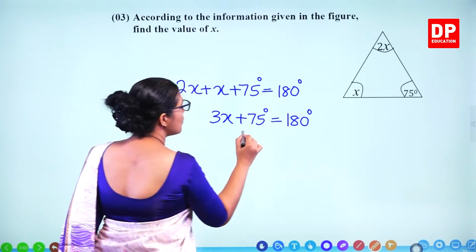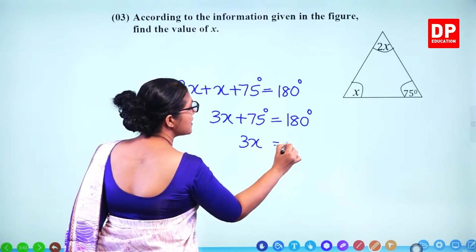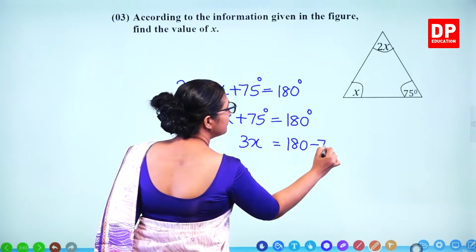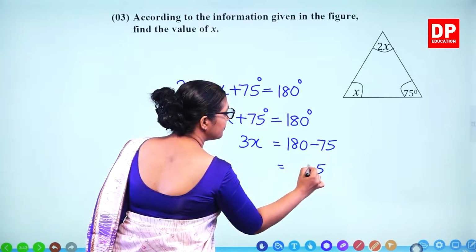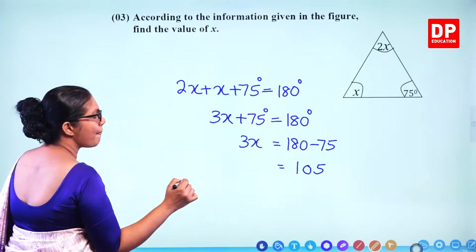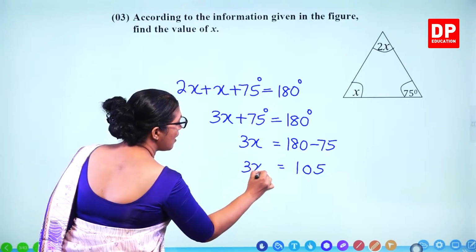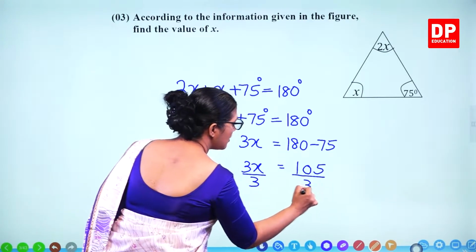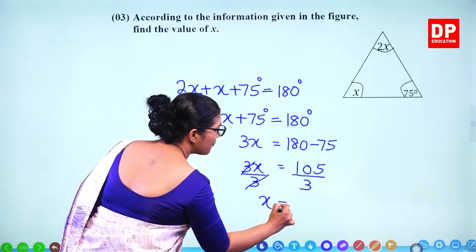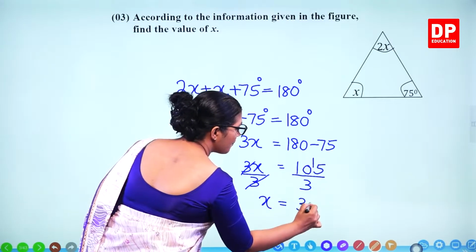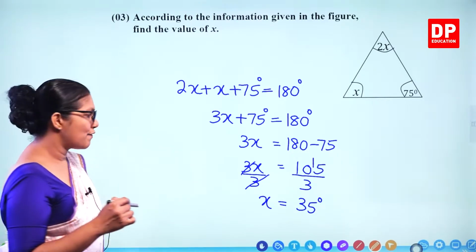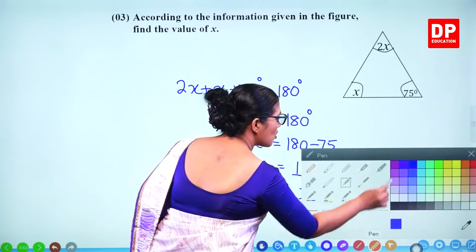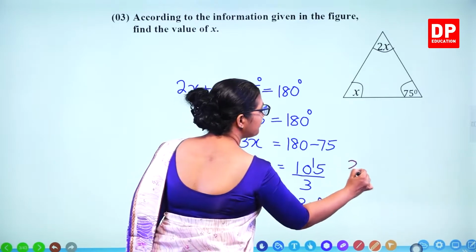So take 75 to the other side. So you get 105. X becomes divide by 3, 35 degrees. So value of x is 35 degrees. So this is also 2 marks.